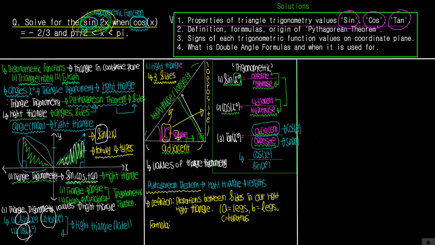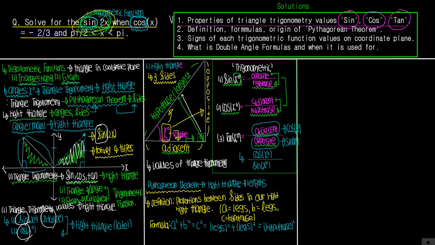It is the longest side in our triangle. Since we know our A, B, C, we define our Pythagorean theorem in this way: A squared plus B squared is equal to C squared. Which means, in words, one leg squared plus the other leg squared equals the hypotenuse squared.